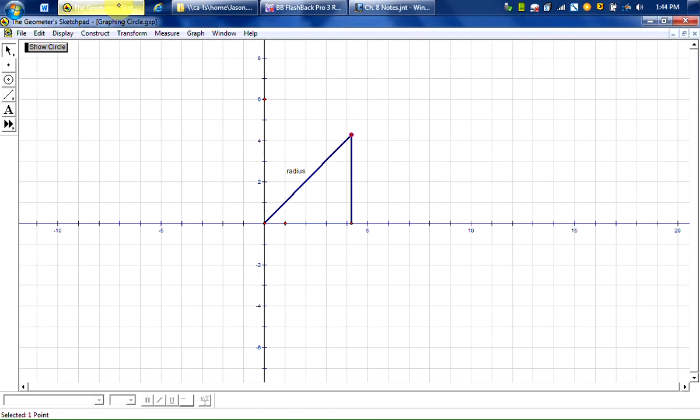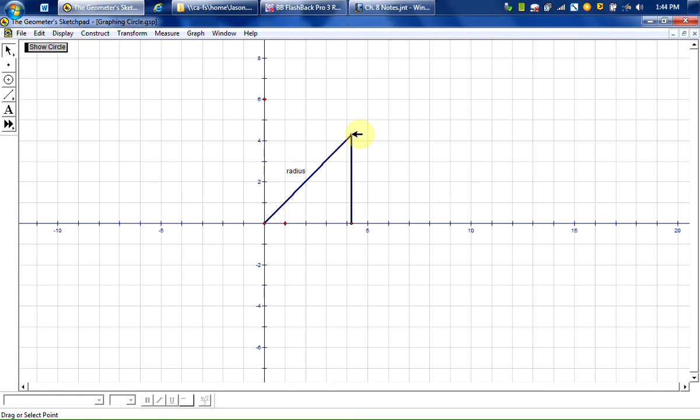So if I click over to my Geometer's Sketchpad, here I have a right triangle. This looks like what I was doing when I was using my distance formula. And right now, the origin is going to remain fixed or stay right there.